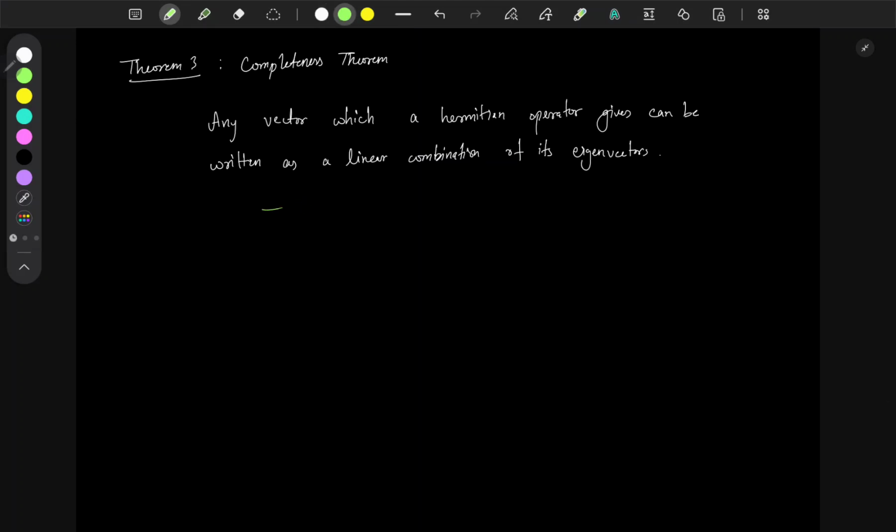So suppose there is a Hermitian map T from V to V, and you apply this map T on some vector V and it gives you some vector V prime. Now this theorem says that this V prime can be written as some linear combination of Ci times all the eigenvectors lambda i.